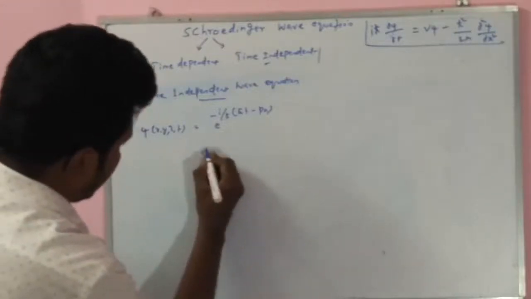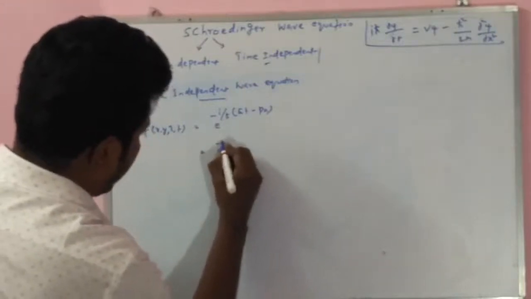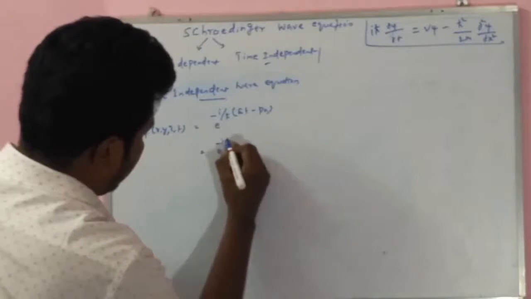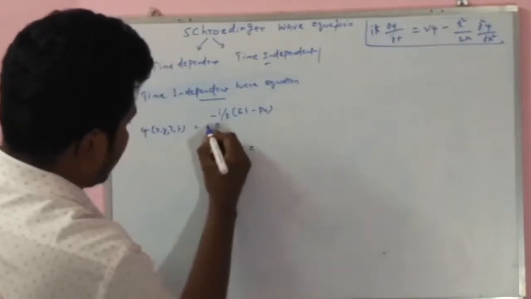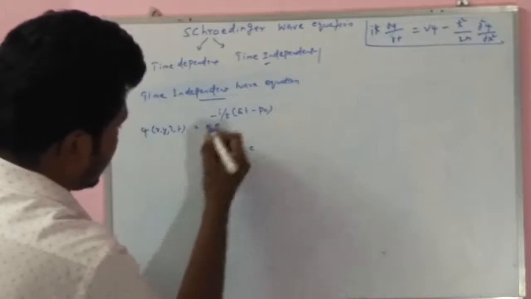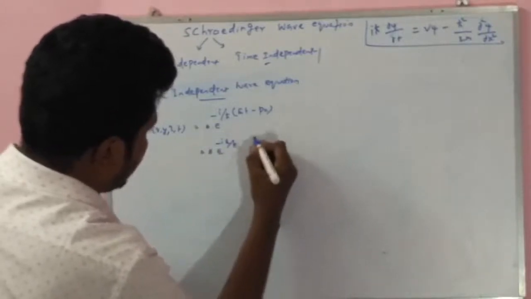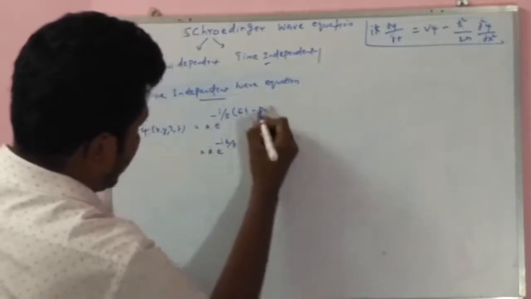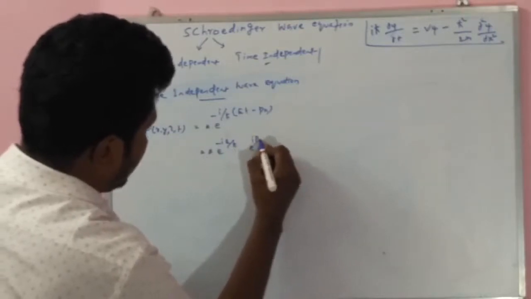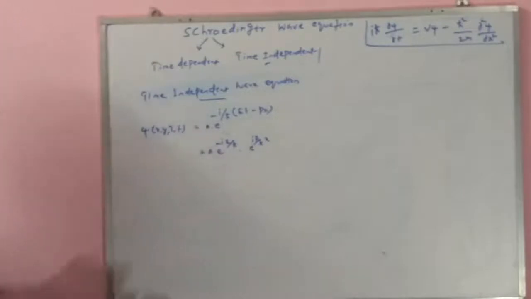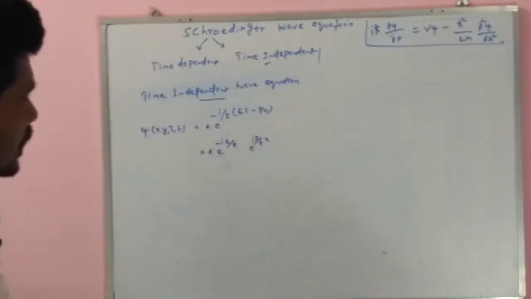So just separate the values: e^(−iE t/ħ) into e^(ipx/ħ), where E is a constant, so minus minus plus, so ip/ħ into x.